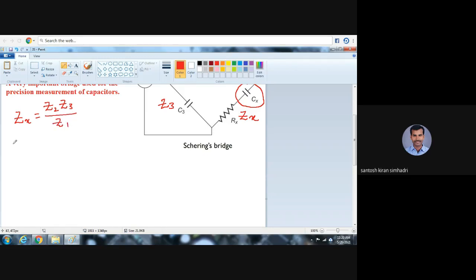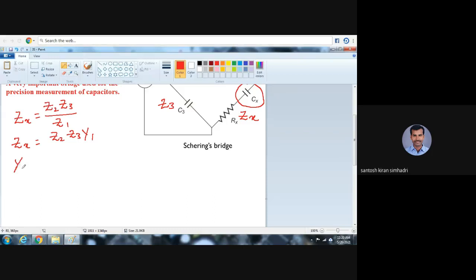So again, I will extend this discussion. Zx equal to Z2 into Z3 into Y1. So in this time, I will write directly the Y1 expression. So what is the final expression of Y? Now I will write down once again.